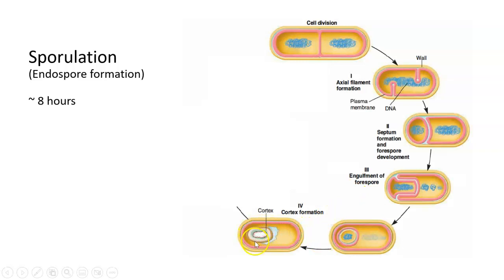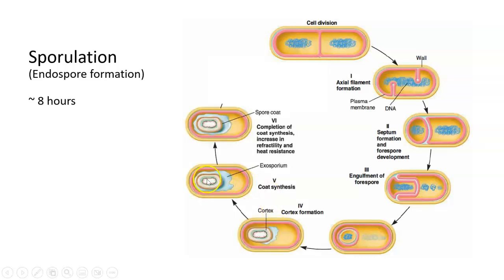And then after that forespore is completely engulfed in the cell, it can start to form the cortex and additional endospore layers. So you can see the cortex forming here, the coat forming here, as well as the exosporium to create that endospore inside of this mother cell.